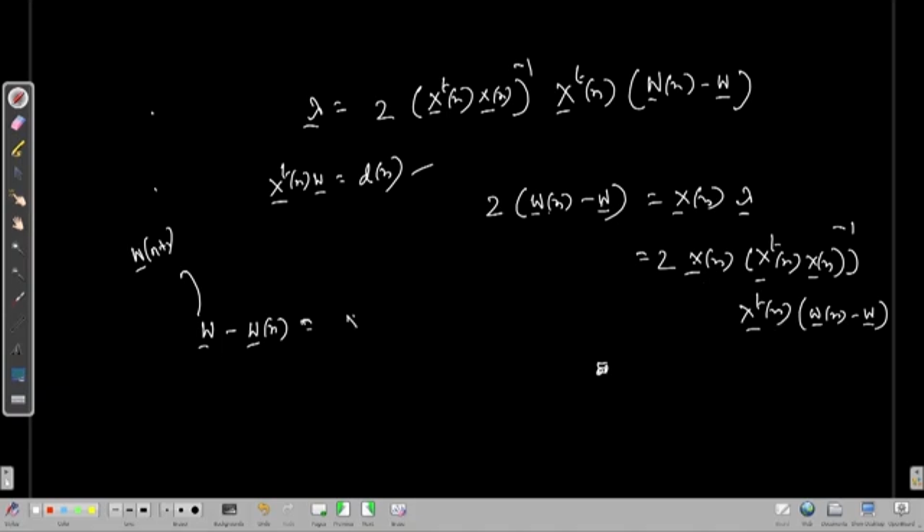So, you have got X n, now X transpose n w n, minus will come on that, and X transpose n w is this d n. Because I have taken minus of both sides, that will be positive, this is negative. X transpose n w is d n. So, this is my d n vector minus X transpose n w n.